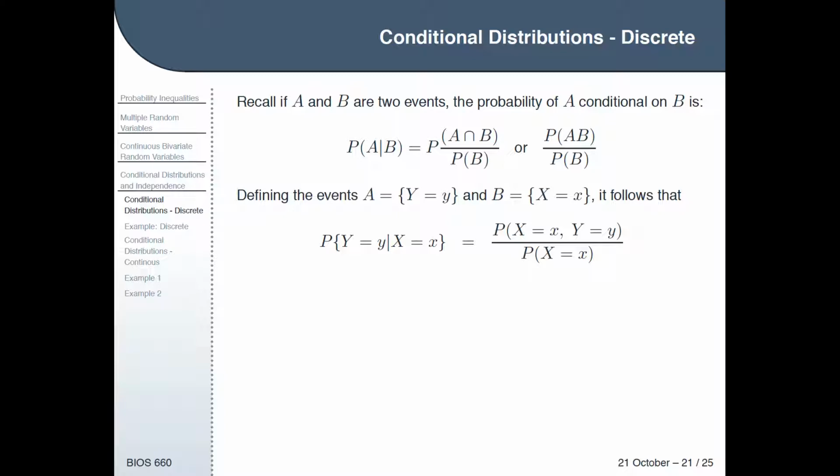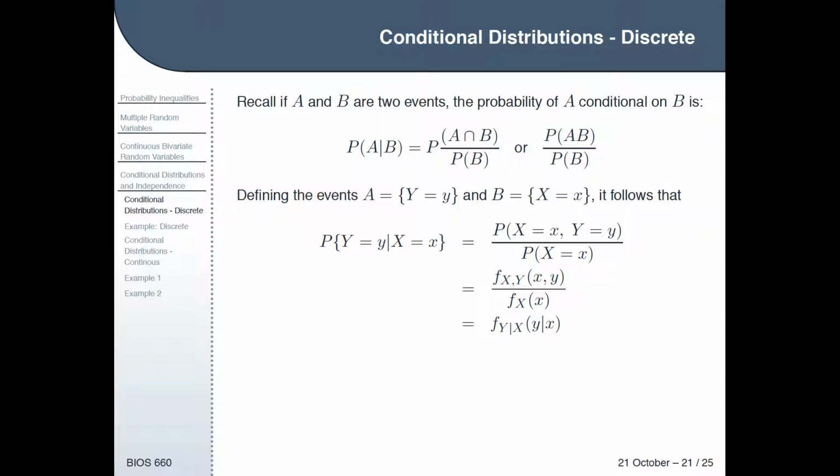So if we define the event A as y equal to y and B as x equal to x, then the probability that y is equal to y given x is equal to x is the probability x equals x and y equals y, divided by the probability that x equals x, which, if these random variables are discrete, is equal to just the joint PMF of x and y evaluated at x comma y divided by the marginal PMF of x evaluated at x.